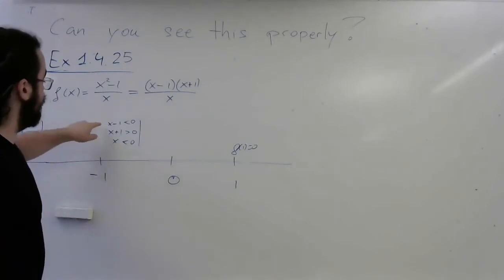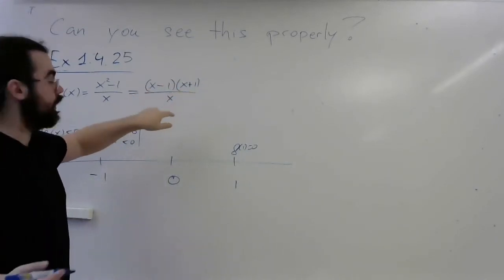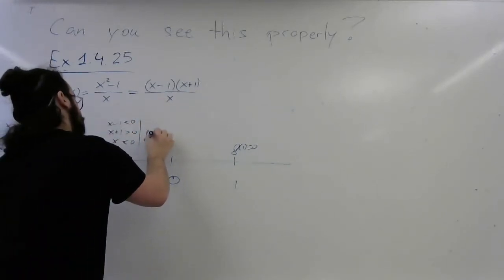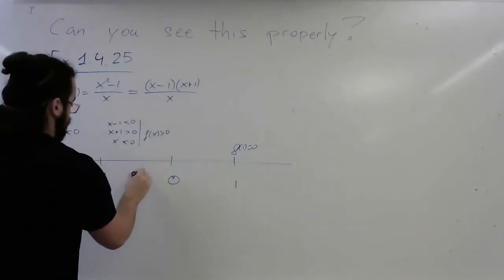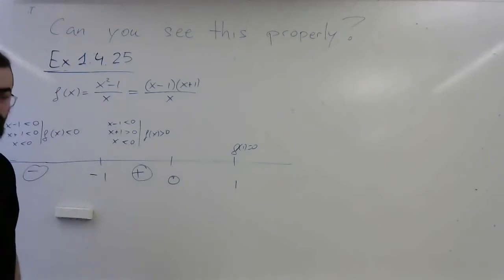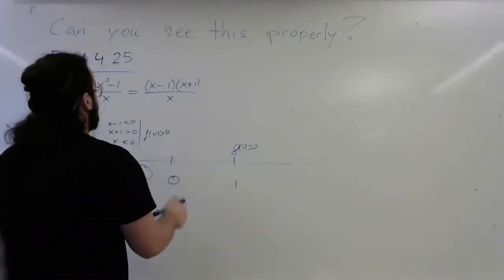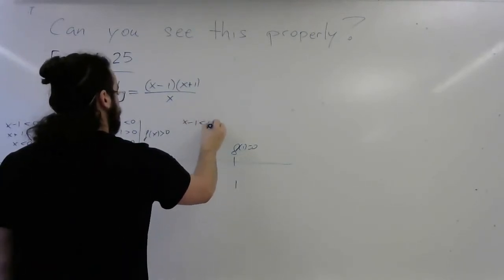So our quotient is negative times positive, negative, divided by negative, positive. This is abbreviated notation.